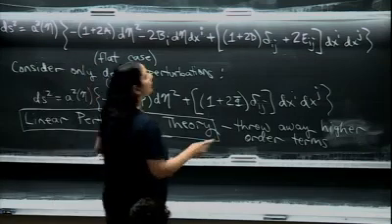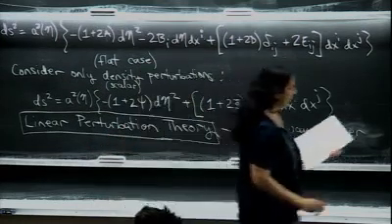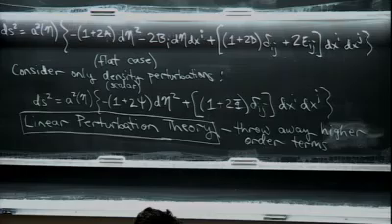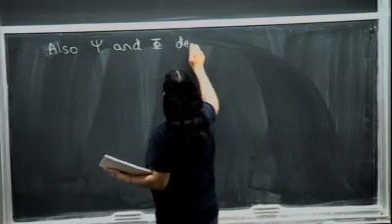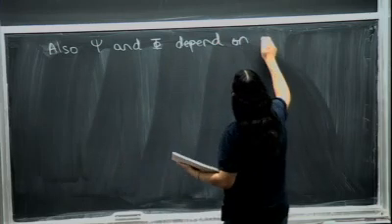And also, let me keep this board here. Let me write it over here. So let me write this down. Well, for this case, psi and phi depend on x and t.